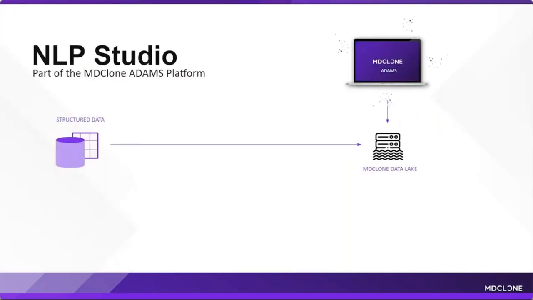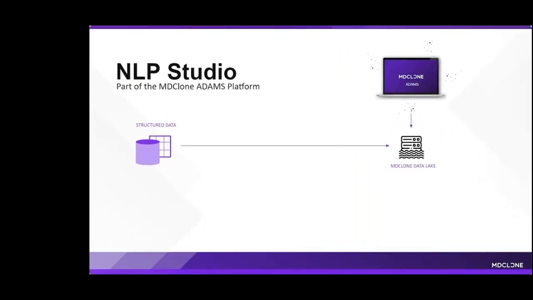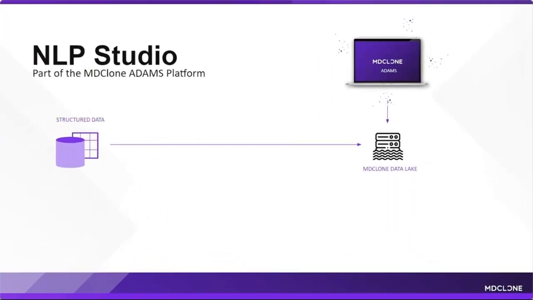One more thing is the value for Atoms users. Although the NLP Studio can stand on its own, it can be very useful for enriching the MDClone data lake. The MDClone Atoms start with Ask, where you can ask any question using the data in the data lake. This data was loaded from structured sources.